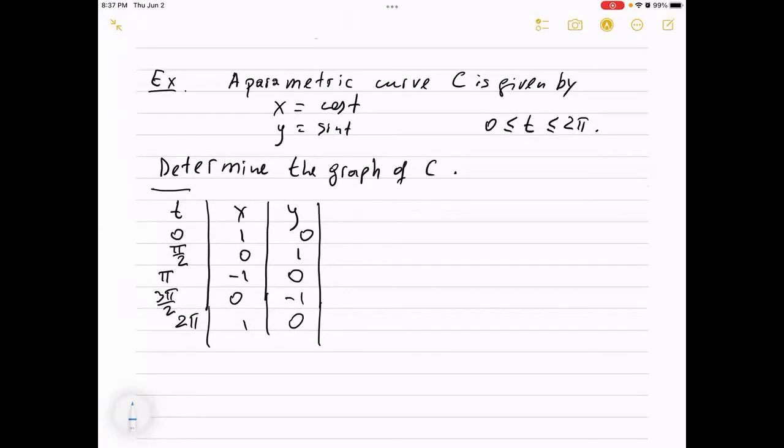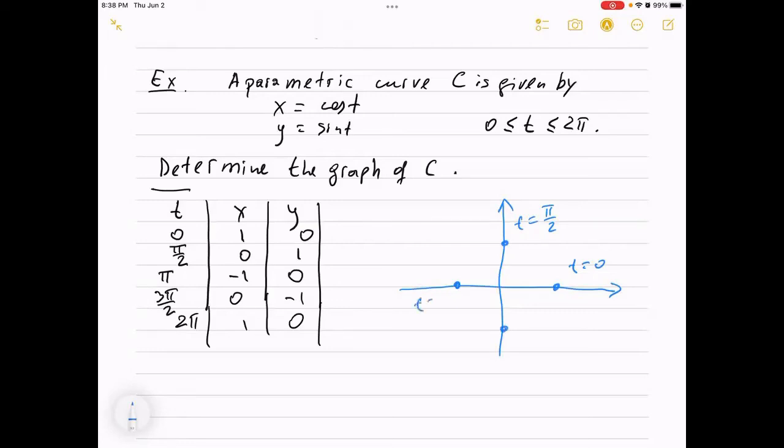Now we'll try to sketch the curve. We start with t equals 0: x equals 1, y equals 0. At t equals pi over 2, x equals 0, y equals 1. At t equals pi, x equals negative 1, y equals 0. At t equals 3 pi over 2, x equals 0, y equals negative 1.